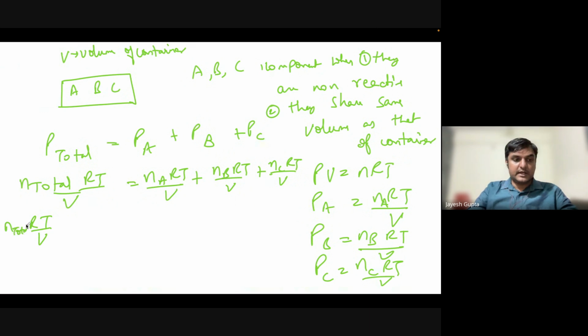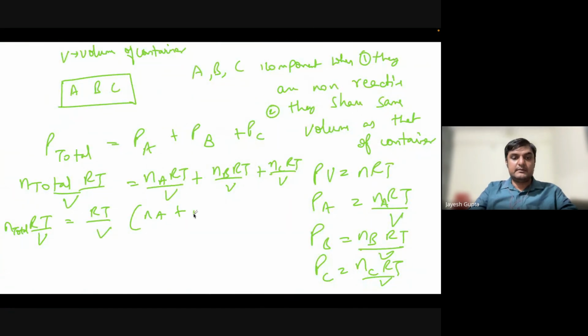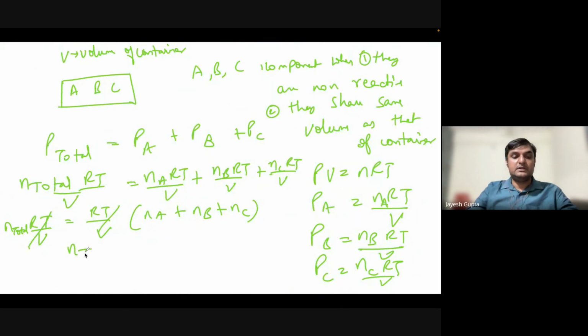Here n total RT by V, and here I can write RT by V common, nA plus nB plus nC. So RT by V can cancel out, and you are getting n total equal to nA plus nB plus nC.